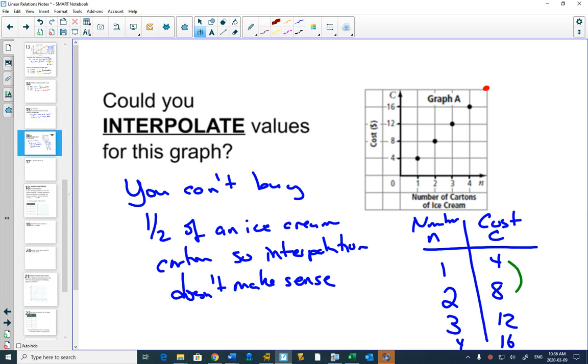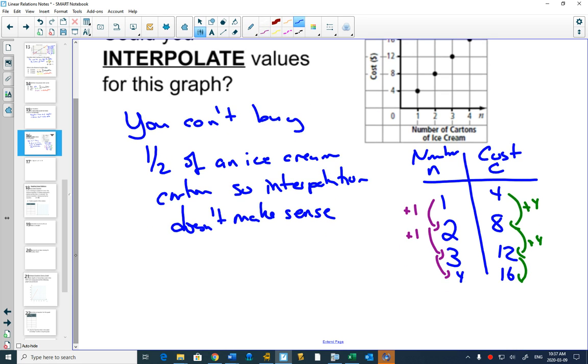What's our pattern here? You're adding 4. So your formula is going to be, and again, I'm going to use these numbers, 4 over 1. Notice that 1 you don't really need, but it's there.